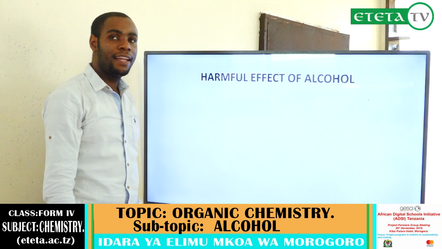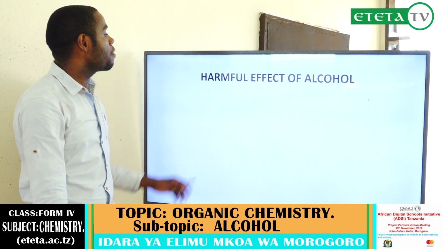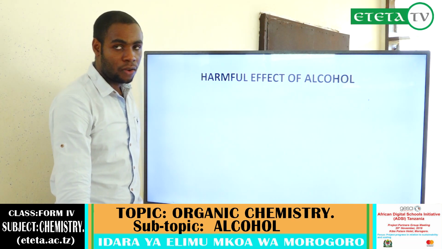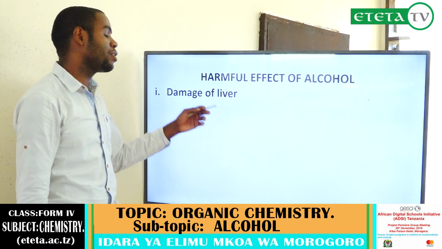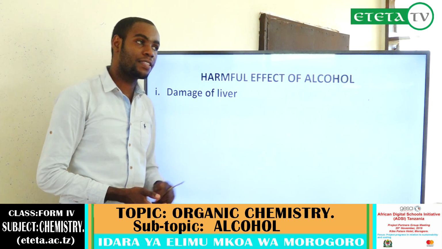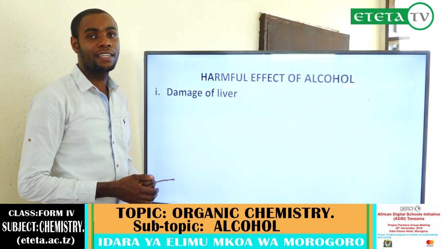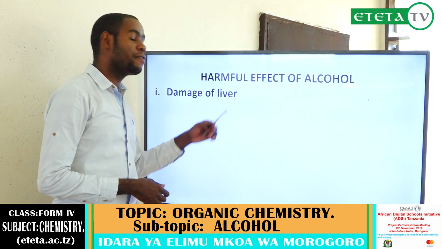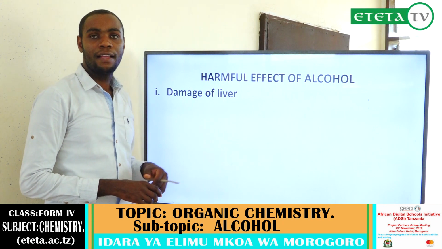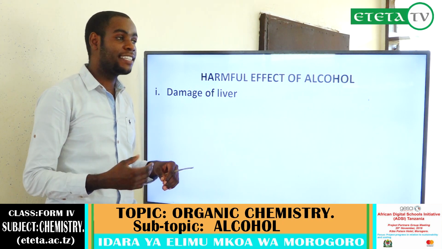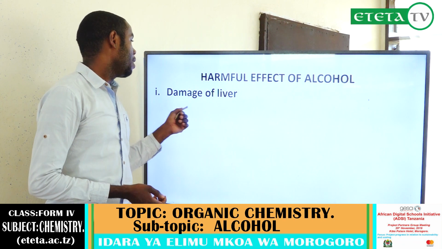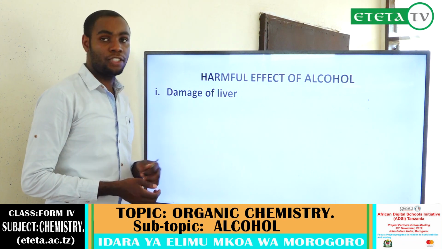Now let us finish by looking at the harmful effects of alcohol. The first is damage of the liver. In case of drinking, alcohol can damage the liver. Dehydration can lead the liver to damage.